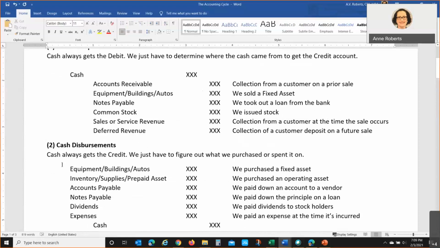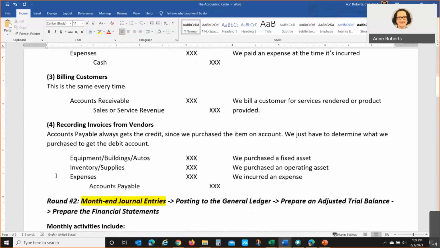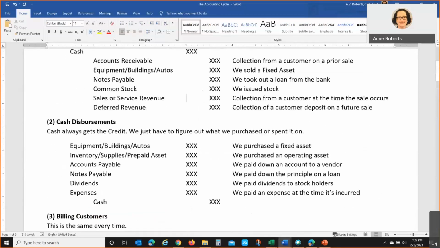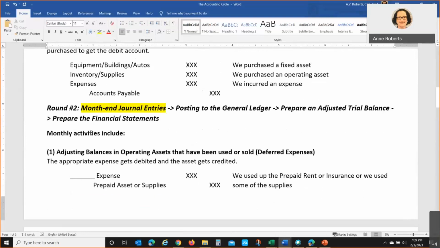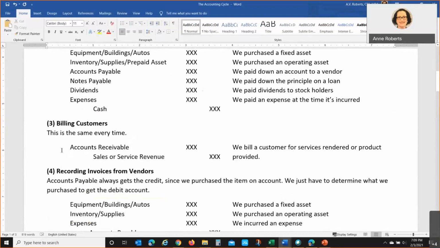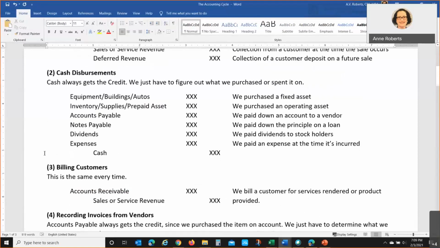These 4 journal entries happen on a daily basis. If somebody pays us for the item or the service first, we're right here. We're starting off with cash and deferred revenue, and then we get down here under a month-end journal entry to settle up if they actually used that gift card. Okay.